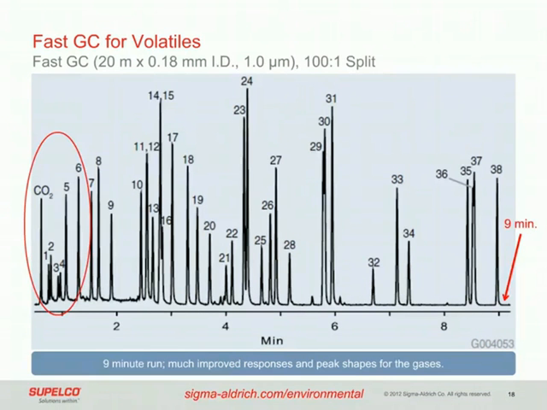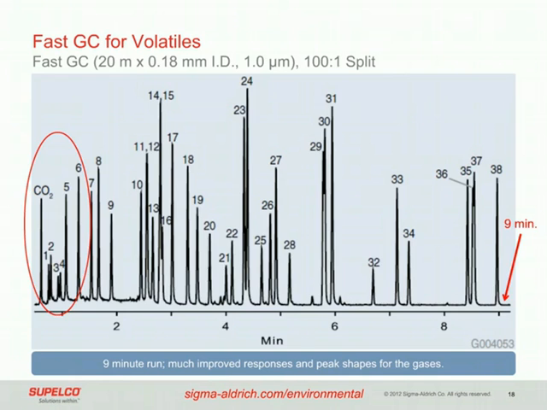By just changing that split to a 100-to-1 split, we get a much better resolution and response for the gases. So now we're at a 9-minute run, almost the same as the previous run, but the peak shapes and the separation of everything look fantastic, with much improved responses and peak shapes for the gases.